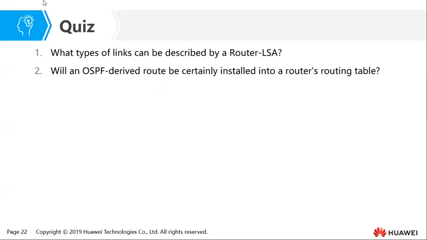Okay, can someone else help John? What type of links can be described by Router-LSA? We have 3. That's the hint. There are 3 types of links. We have Stubnet, Transnet, and I think the other one was point to point. Yes, point to point. Very true. Thank you very much, Macau.